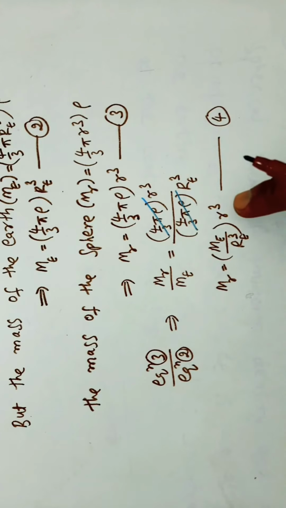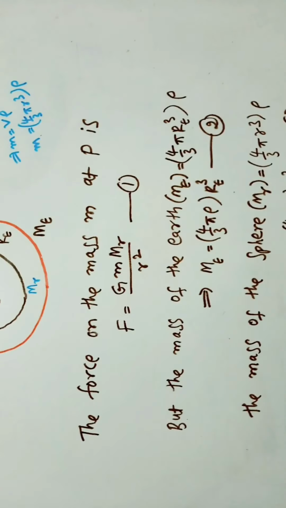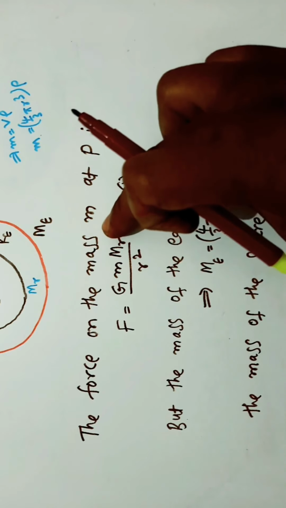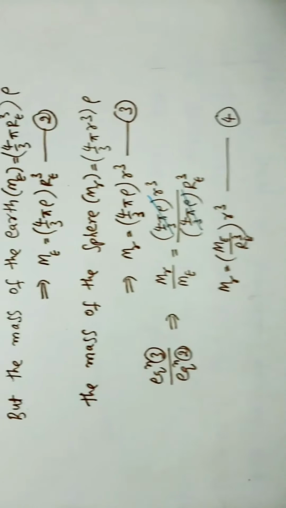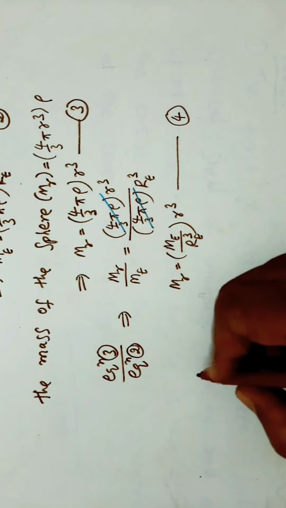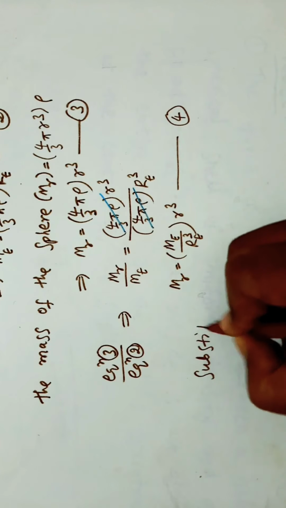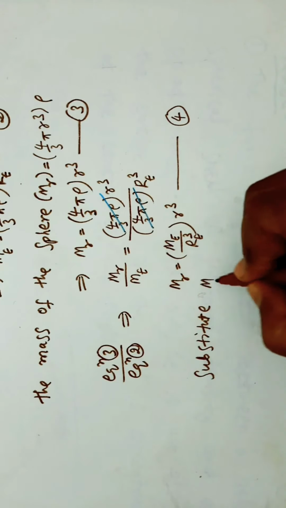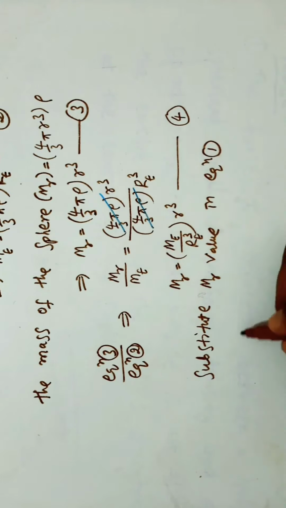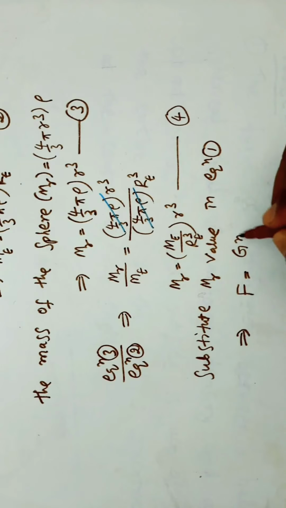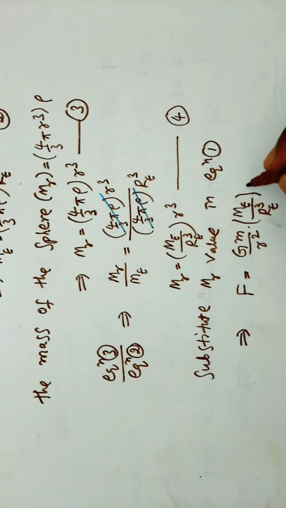Substitute the Mr value from equation 4 in equation 1. So we get the force F is equal to G m by r square into ME by RE cube into r cube.